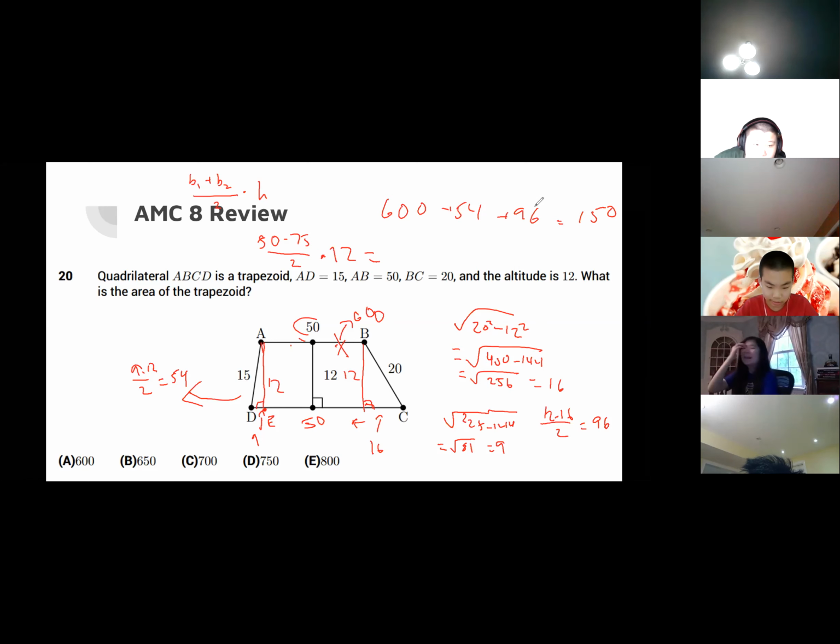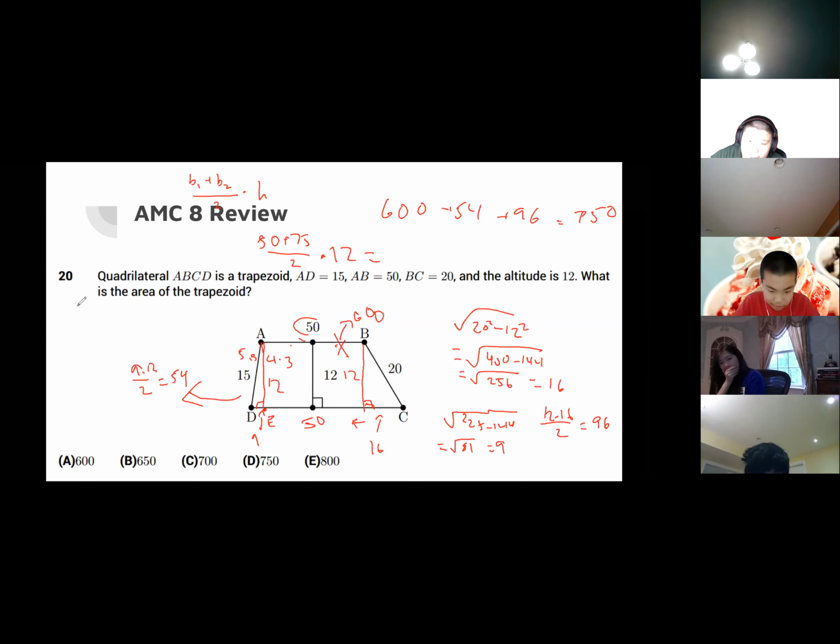Another thing that I want to point out is that these are both 3, 4, 5 triangles. So 15 and 12 are both multiples of 3. If you divide 3 from both of them, you get that this is equal to 5 times 3 and equal to 4 times 3.